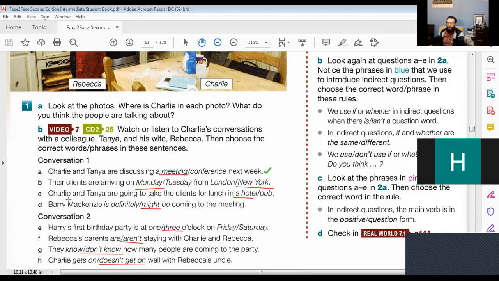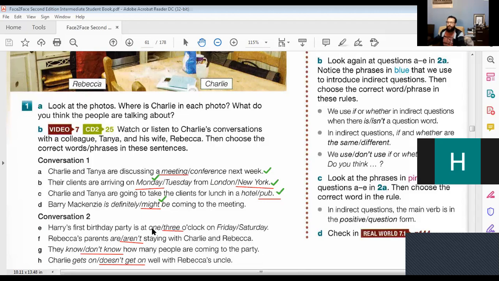Then it says Charlie and Tanya are going to the pub. Right. Correct. And then it says, what about Barry McKenzie? Is he definitely coming? Yes, he might come. It's not sure. It's not definite. Right. Okay. The birthday party, is it at 3?